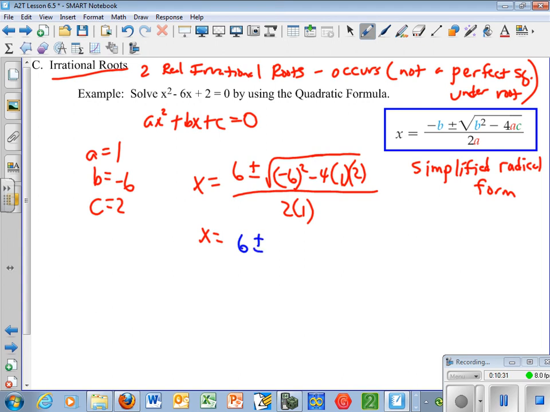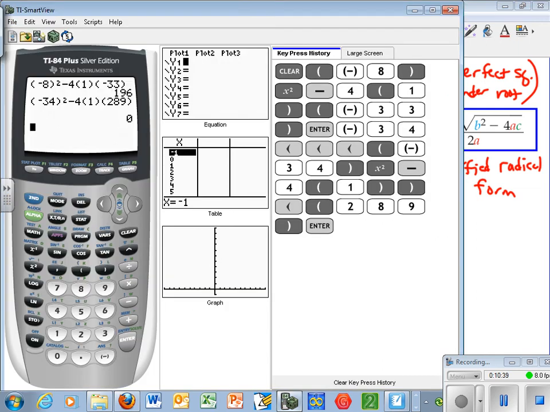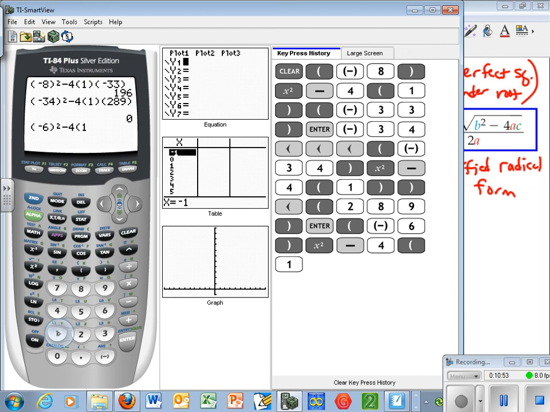Leave the 6 plus or minus, figure out what number's under the root with your calculator. So we have negative 6 squared. So if I go back here again, I have negative 6 in parentheses squared minus 4 times 1 times 2.